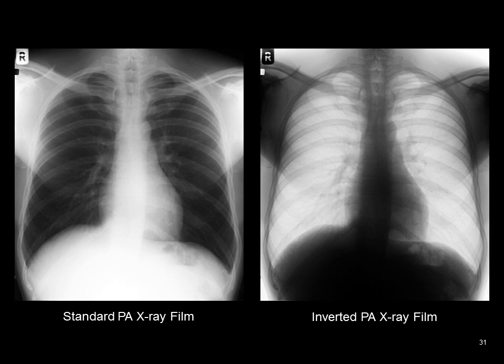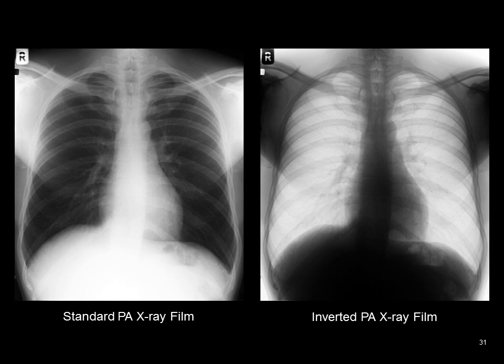So what would have normally appeared as bright or white or radiopaque is now radiolucent, and what would have appeared as dark or radiolucent now appears as white or radiopaque. Sometimes this is done and the films are put side by side, and when we do this, it's often easier to visualize some abnormality that we might otherwise miss with the human eye.